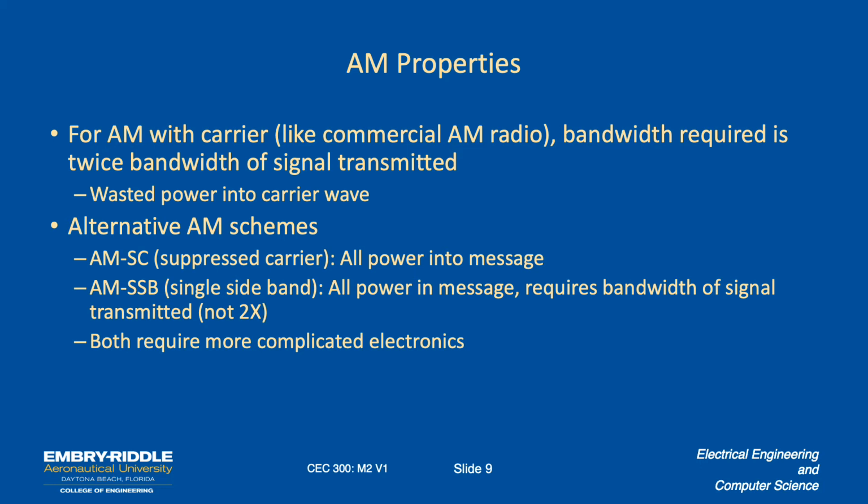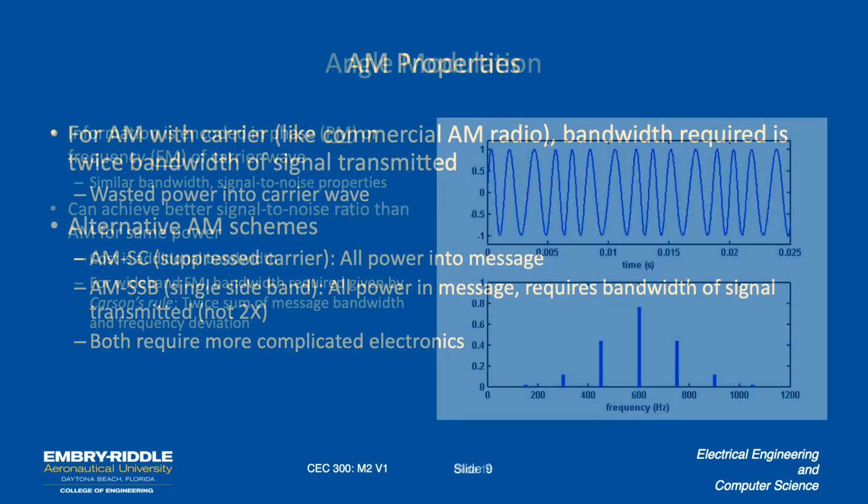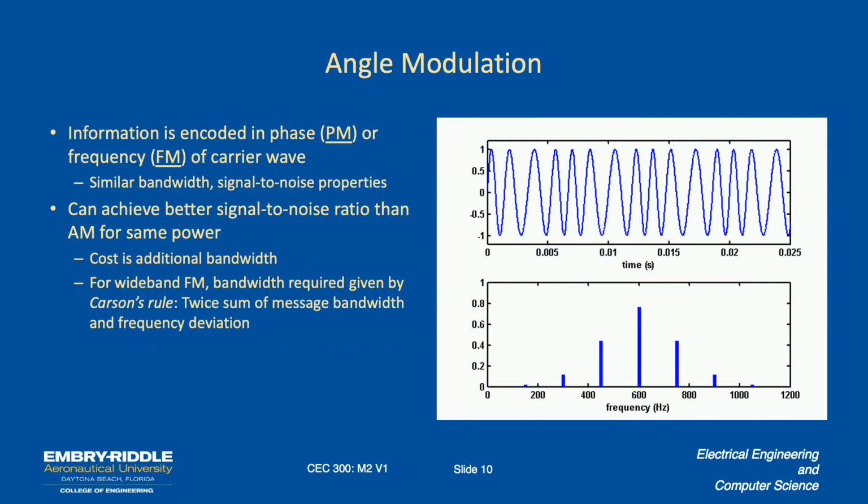The alternative to AM that was developed early was angle modulation, and both phase and frequency modulation are pretty much the same thing. It's a matter of whether you're using the signal or its integral to modulate the waveform. Frequency modulation you know of from the traditional FM radio between 88.1 megahertz and 108.